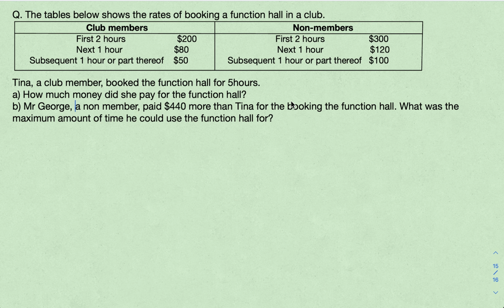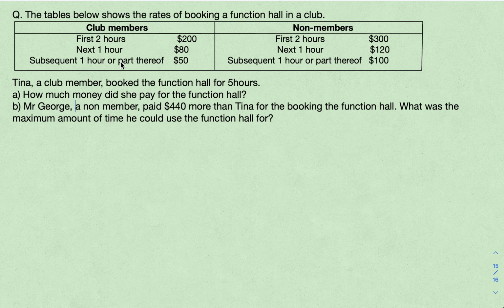Okay, so what we have here are the two charges for booking a function hall in a club. It might be a community club. Those who are club members have different rates from those who are not members of the club. For the club members, the first 2 hours is $200, then the next 1 hour is $80.